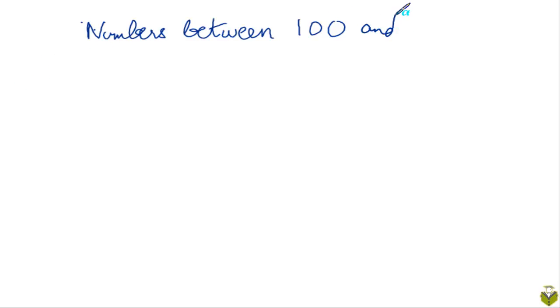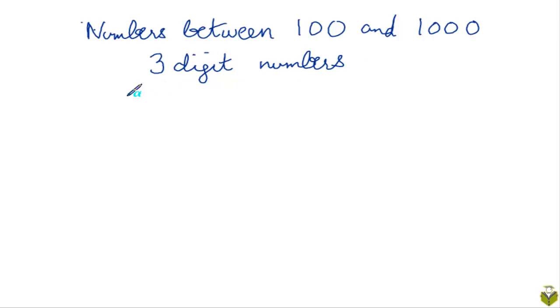What does it mean to have numbers between 100 and 1000? Basically, all the numbers between 100 and 1000 are 3-digit numbers. So we have to find 3-digit numbers formed by 6 distinct objects.